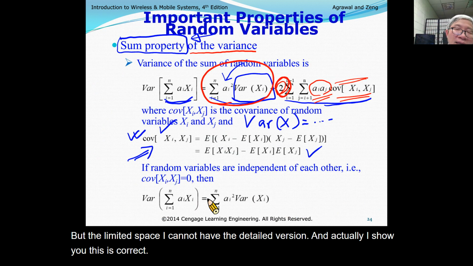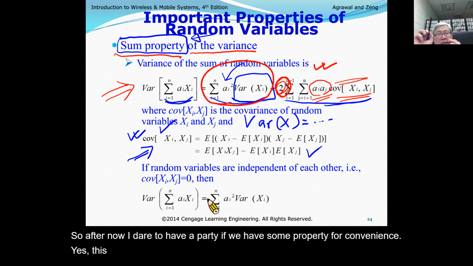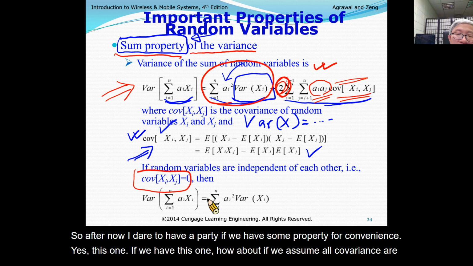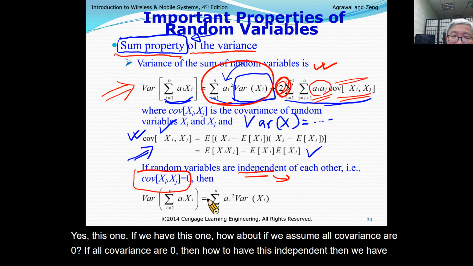So up to now, I already have the property. If we have some property for covariance, yes, this one. How about if we assume all covariances are 0? If all covariances are 0, then how do we have this? Independent, then we have this. Oh, they are uncorrelated.